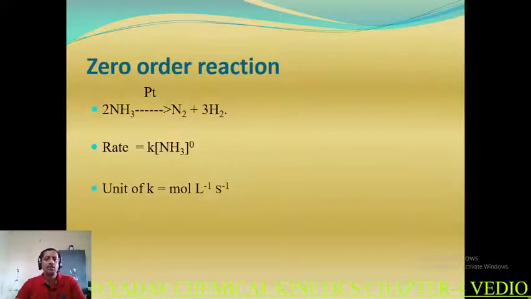Let us see some examples of zero order reaction. Decomposition of ammonia at a platinum surface is a zero order reaction as mentioned here. This decomposition is of zero order when the concentration of ammonia is high. The unit of rate constant for a zero order reaction is mole per liter per second.